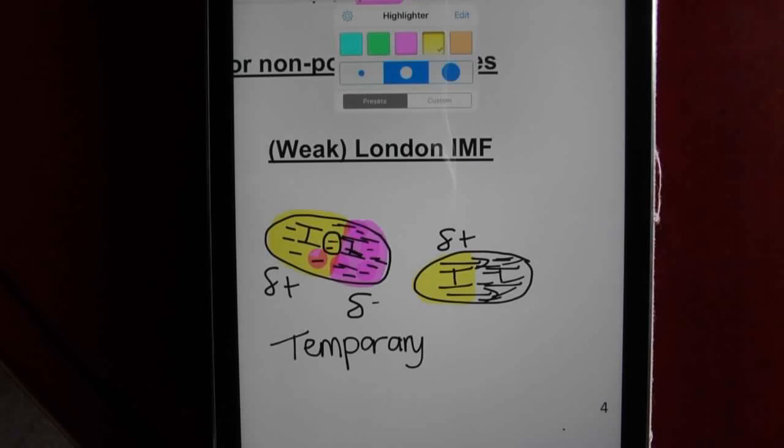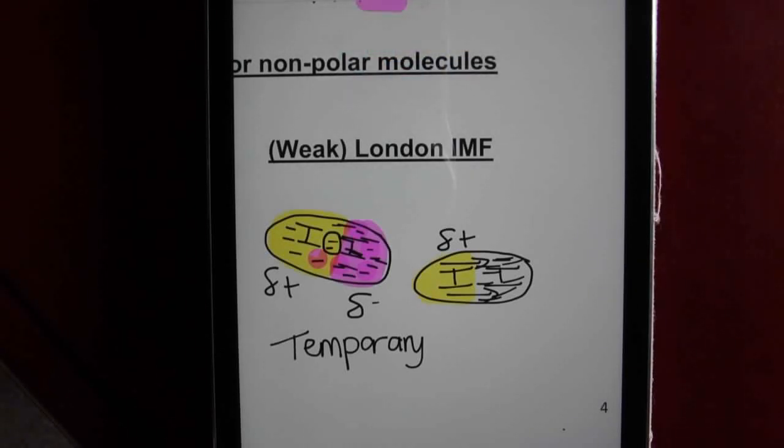So I've got a delta positive side here for a split second. So for that split second, I now have a force between the delta negative of this side and the delta positive of the other side. And the weak London force is therefore here between the temporary dipole and what we call an induced dipole.